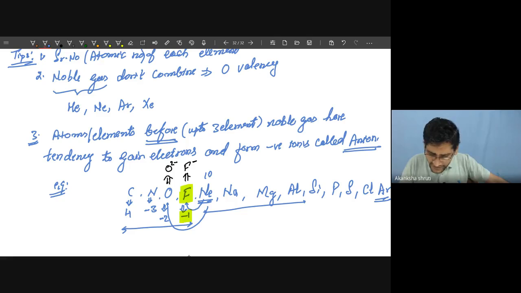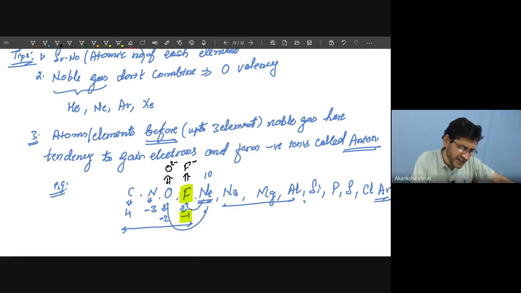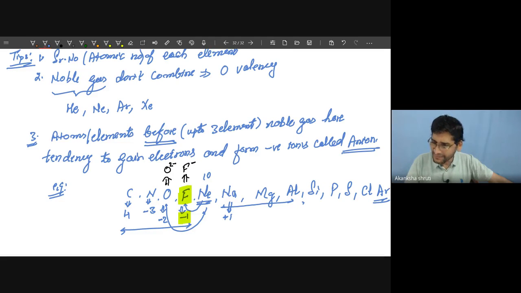So if you are looking after neon, you have to look for the 3 only. So it is sodium. What will be the charge shown by sodium? Sodium is 1 ahead, so 10 plus 1 becomes 11.